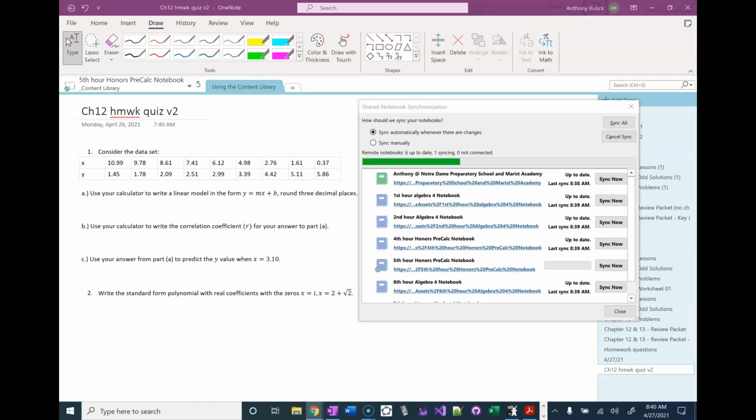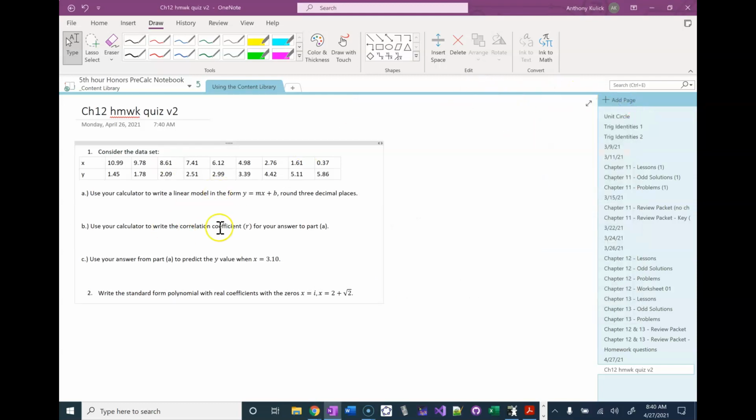Reasonable enough? Again, the questions aren't too terribly hard. It's one question from chapter 13 and one question from chapter 2.